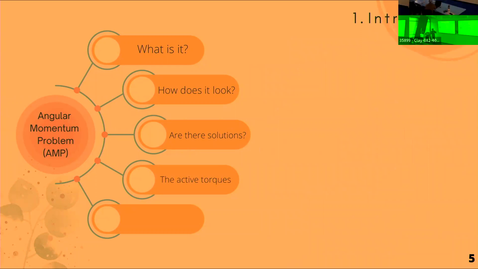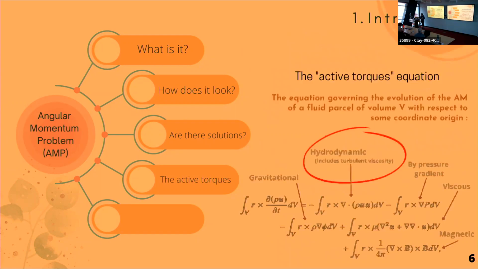Actually, all of these are torques, and we can also write the angular momentum torque equation, where you take the momentum equation for fluids in cross product with the position vector with respect to some origin, and you integrate over the volume of a fluid parcel.